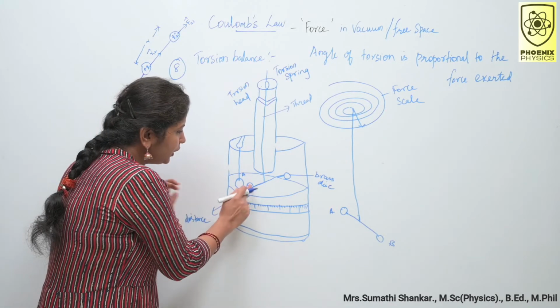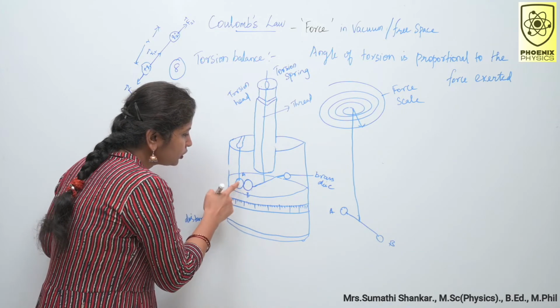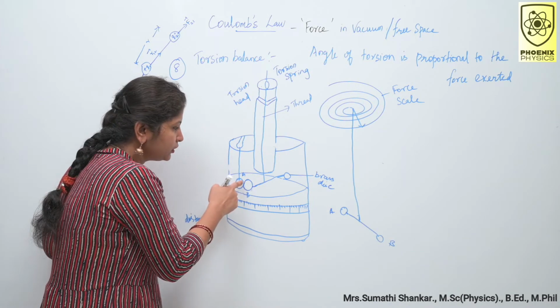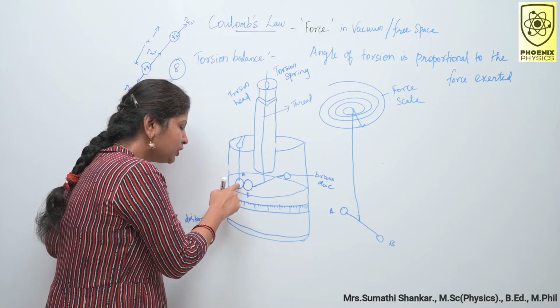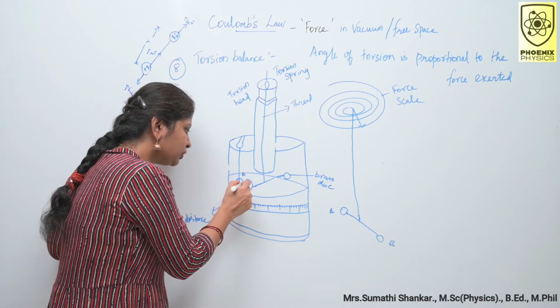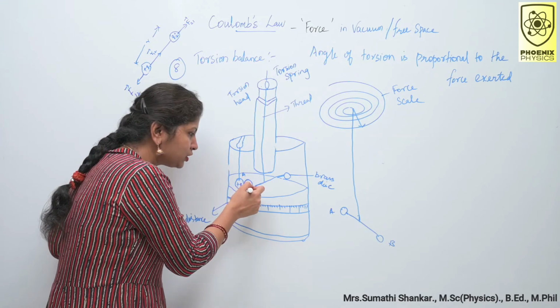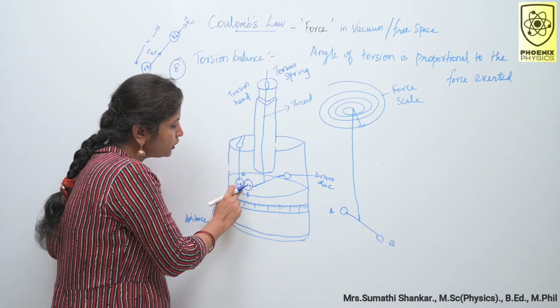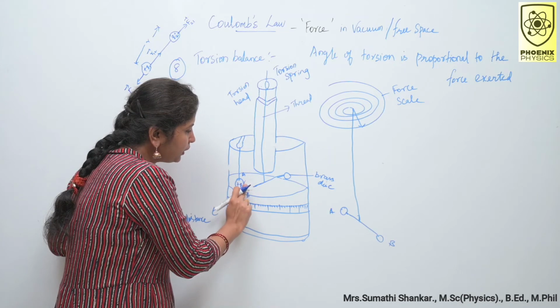Initially A and B touched each other like this. This is the uncharged sphere, this is the charged sphere. After touching each other, the charge is transferred to B also. Suppose this is plus Q charge, then this is also plus Q charge. The charge is transferred to the uncharged sphere B. So due to these positive charges, the spheres repel each other.